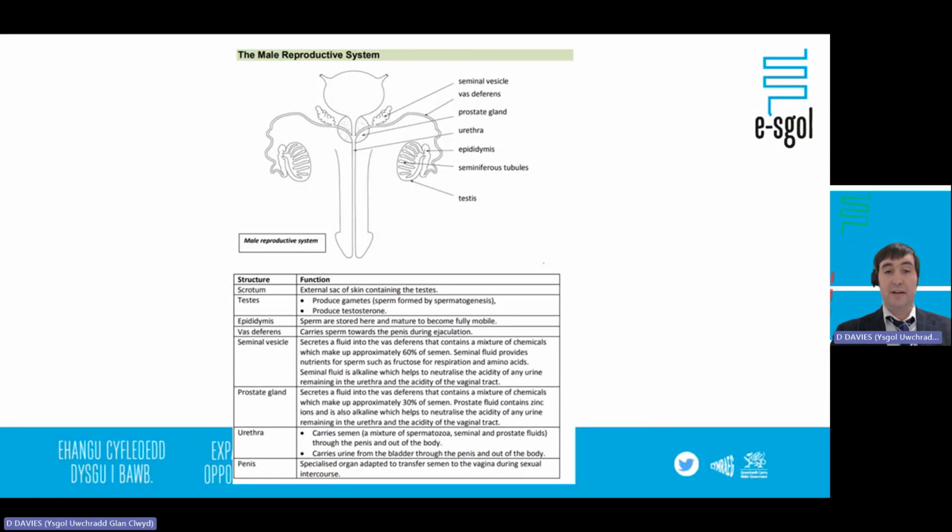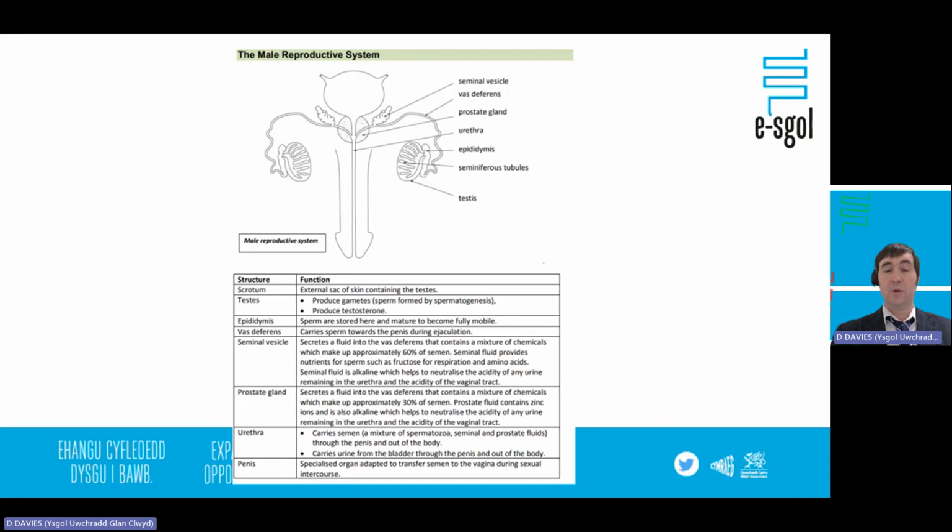The urethra carries the semen, the sperm cells (spermatozoa) and the seminal fluid, out of the body. It also carries urine out of the bladder. And then the penis is a specialized organ adapted to transfer semen to the vagina during sexual intercourse.